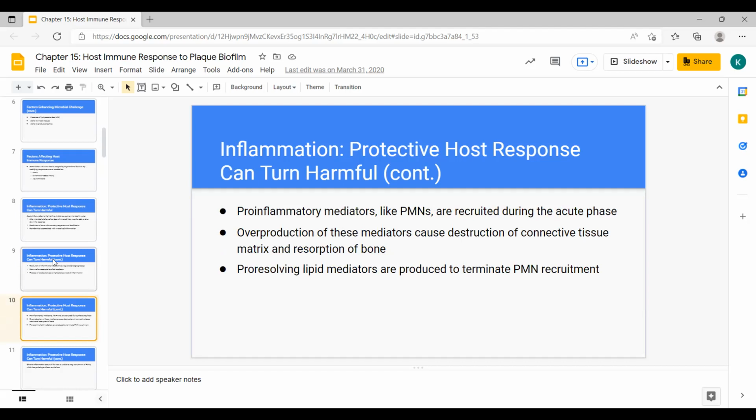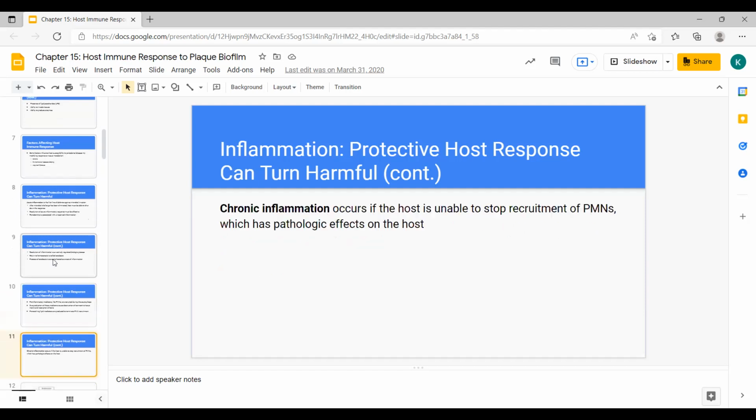Pro-inflammatory mediators like PMNs are recruited during the acute phase. Overproduction of these mediators causes destruction of the connective tissue matrix and resorption of bone. Pro-resolving lipid mediators are produced to terminate the PMN recruitment. Chronic inflammation occurs if the host is unable to stop the recruitment of PMNs, which has pathologic effects on the host, like we talked about, destroying the connective tissue and surrounding bone.